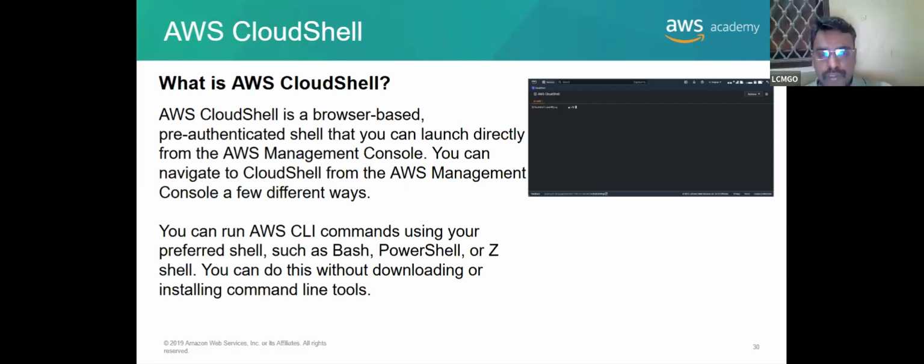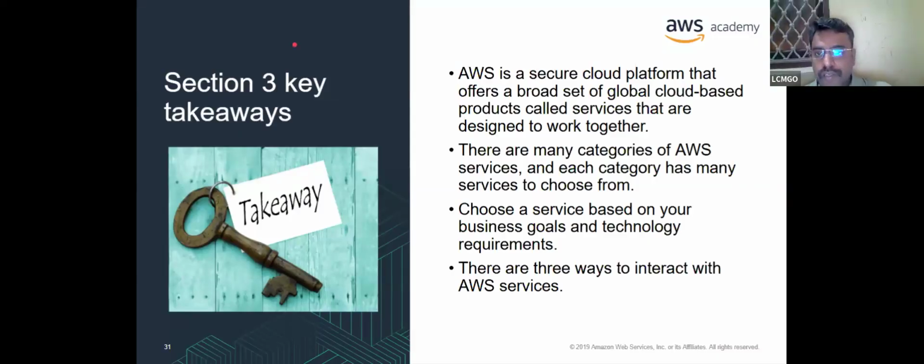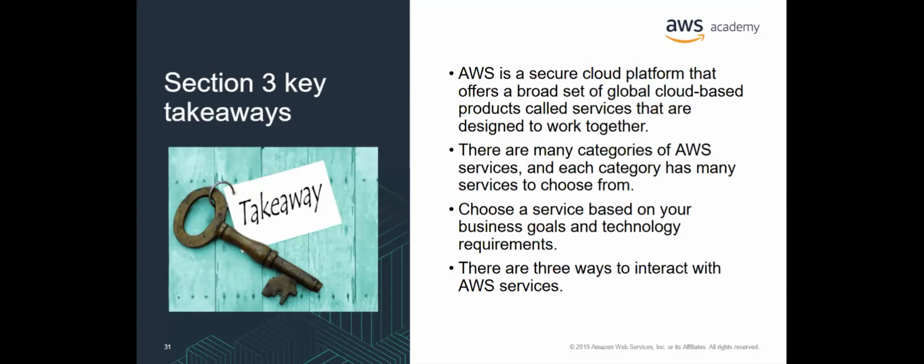At the end of this section, section number 3. Yes, anyone can read it. Is it visible? Okay, Shaikh Mohammed, can you read it? AWS is a secure cloud platform that offers a broad set of global cloud-based products called services that are designed to work together.